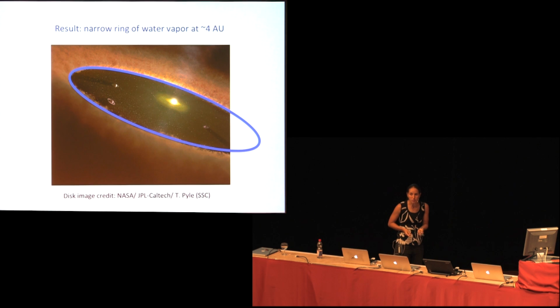So what is the result? Well, in this case, it's a transition disk, and it has an inner cleared region, and the water vapor sits just outside that cleared region, and then the snow line is just outside of that. So it's just a narrow ring of water vapor.